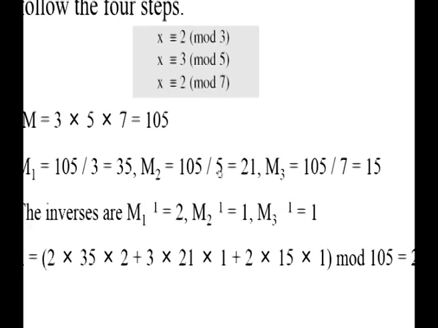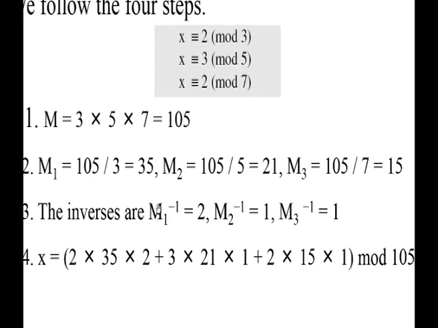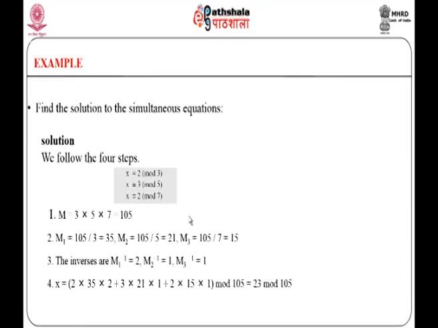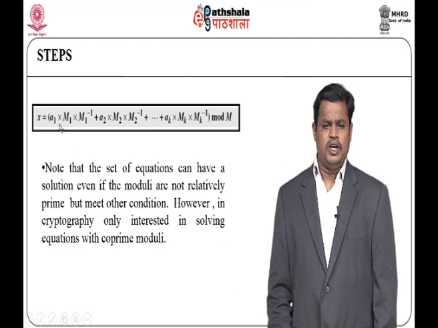So, what we can do here is use Fermat's theorem or Euler's theorem to directly get the multiplicative inverse, or we go for the iterative method, trying them one by one, to get the actual multiplicative inverse of the given number. Once we have the multiplicative inverses, we substitute in the final step to get the value of x.